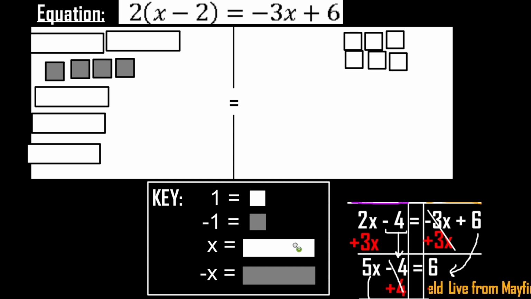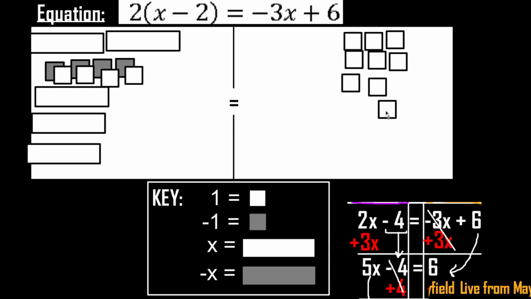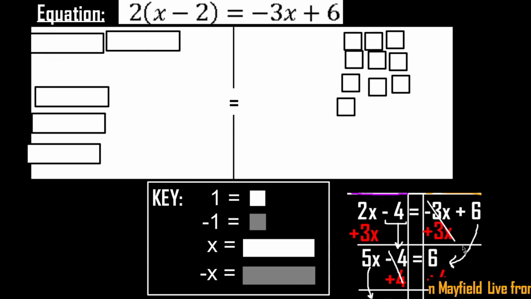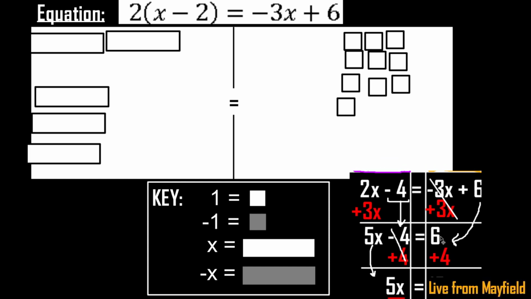Now we're going to add the opposite again, so we have 4 positive 1's, 1, 2, 3, 4, and whatever you do to one side, you've got to do to the other. Again, our 0 pairs cancel out. And so what are we left with? We're left with 5x equals 10.